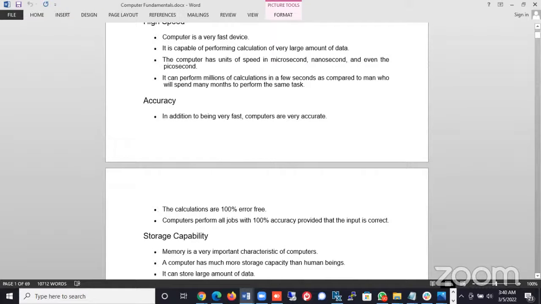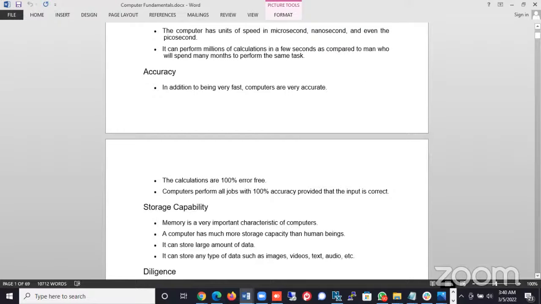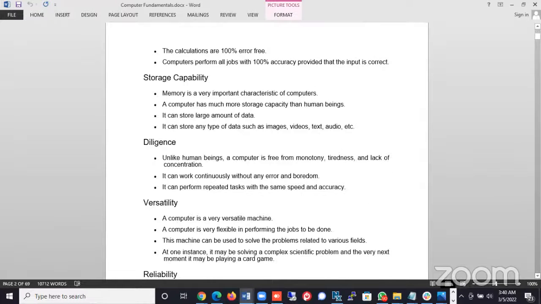The calculations are sometimes more fast and more accurate, and computers perform most of the jobs at a 100% rate.